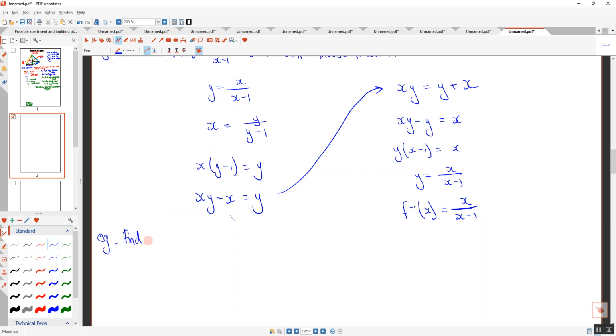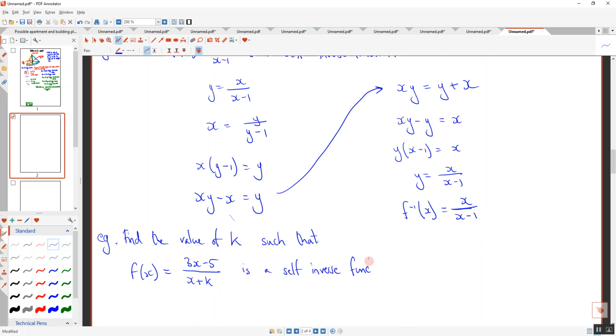Find the value of k such that f of x equals 3x minus 5 over x plus k is a self-inverse function.